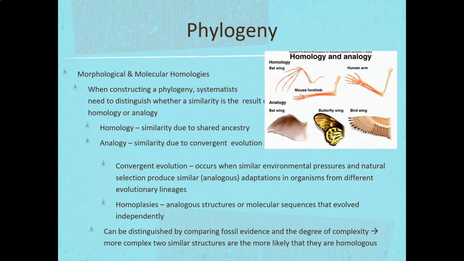Now, something we have to be careful of, especially when we look at morphological data, physical characteristics, is the difference between homology and analogy. A homologous structure is one that truly comes from shared common ancestry.